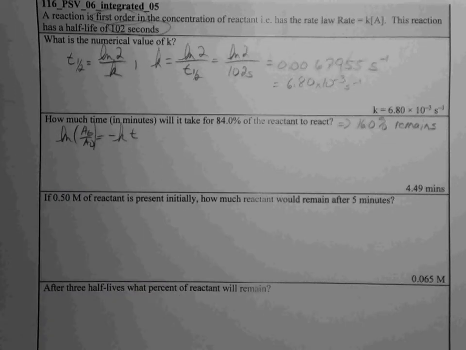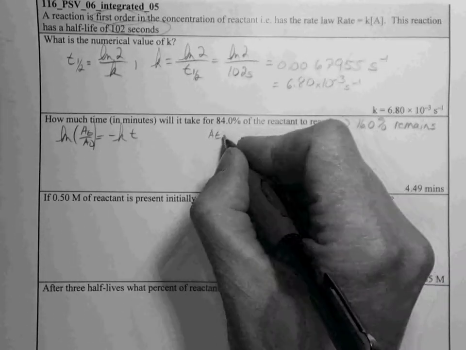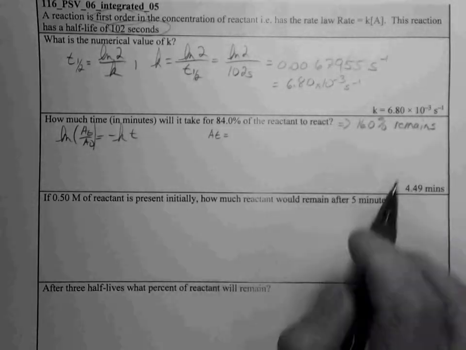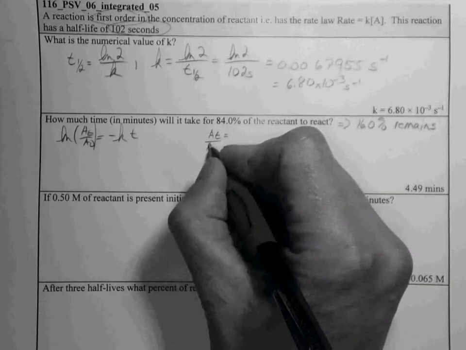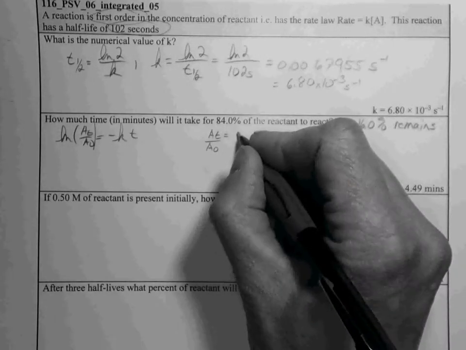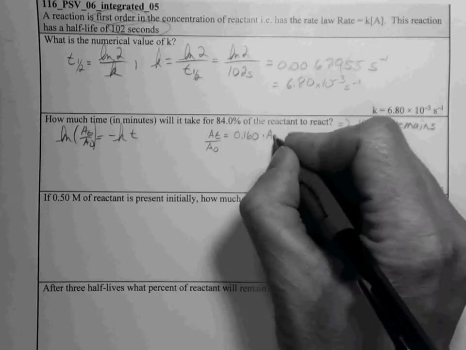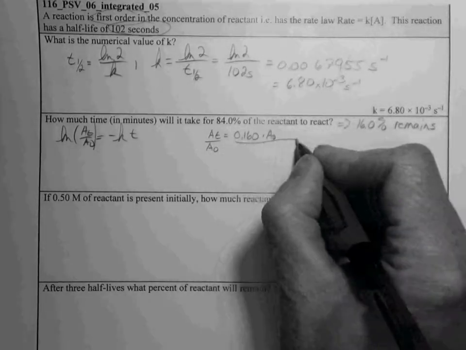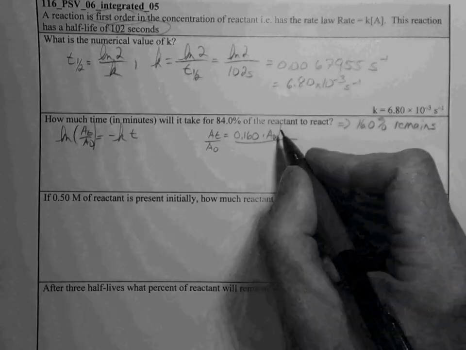Initially it might look like we have two unknowns here, but if we remember that A of t is going to be 16% of A0, we can calculate A of t divided by A0 as 0.160 times A0, that's A of t, and now we divide by the initial concentration.